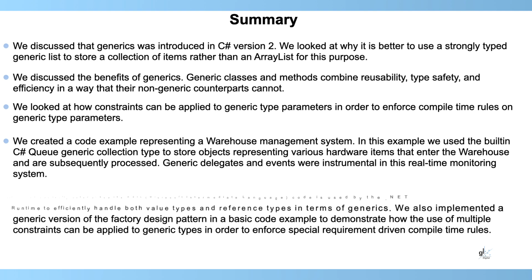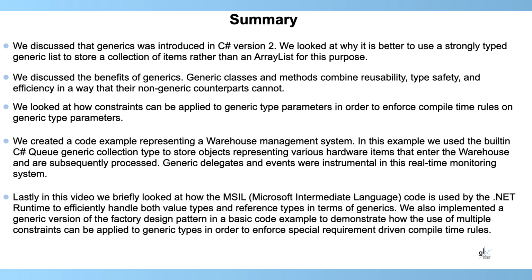Lastly, in this video, we briefly looked at how the MSIL code, or Microsoft Intermediate Language code, is used by the .NET Runtime to efficiently handle both value types and reference types in terms of generics. We also implemented a generic version of the factory design pattern in a basic code example to demonstrate how the use of multiple constraints can be applied to generic types in order to enforce special requirement-driven compile time rules.